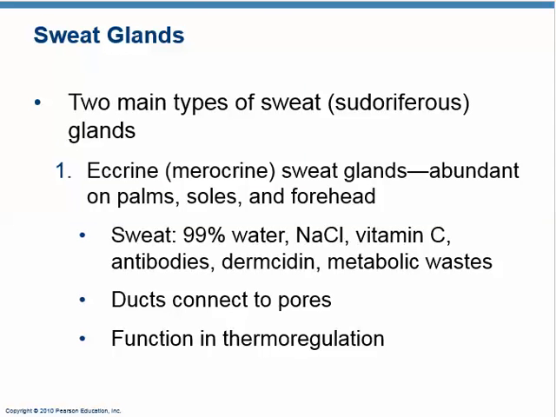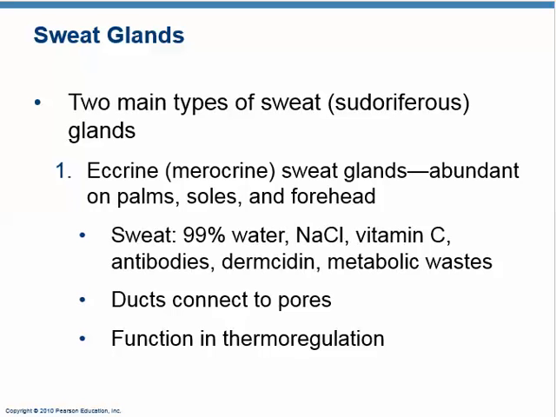So, sweat glands, there's two types. There's the merocrine or eccrine sweat glands: palms of your hands, soles of the feet, your forehead. This is that glistening sweat. It's mostly water with a little bit of salt. They have their own pores, and this is the sweat that will glisten all over your body.